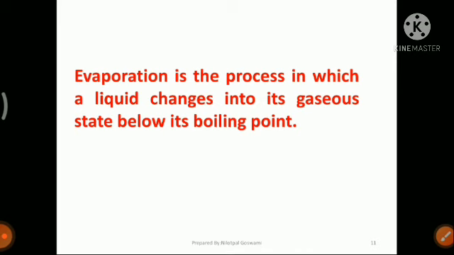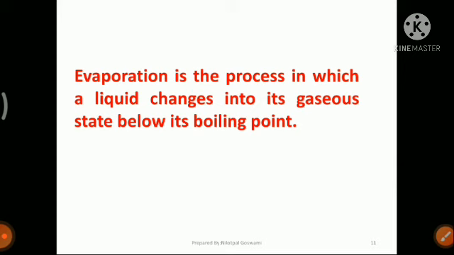For example, we are looking at water. The boiling point of water is 100°C. Clear? When we let our clothes dry, we do not heat them. The particles at the top surface of the clothes have higher kinetic energy, and they also get heat from the sunlight falling on them.